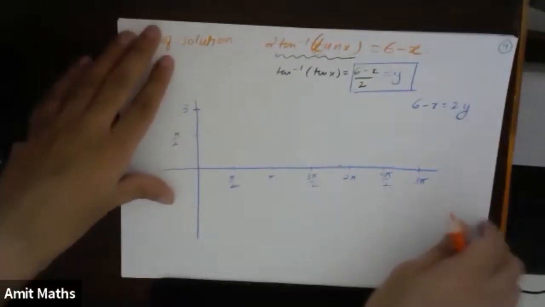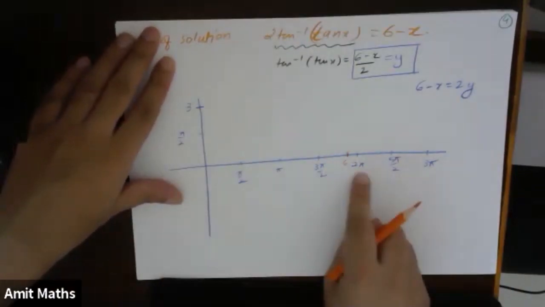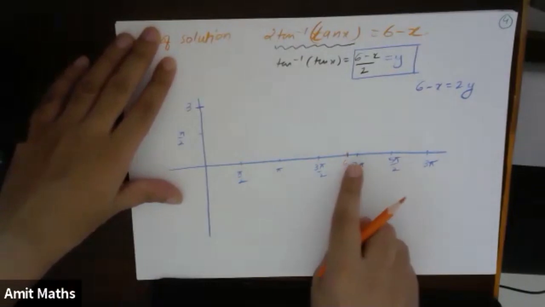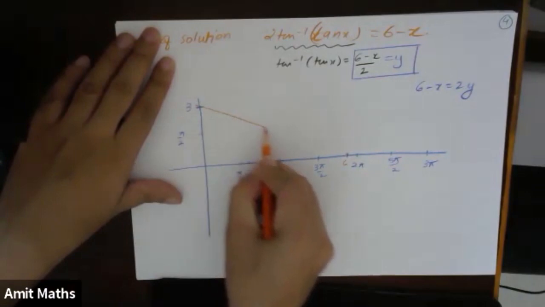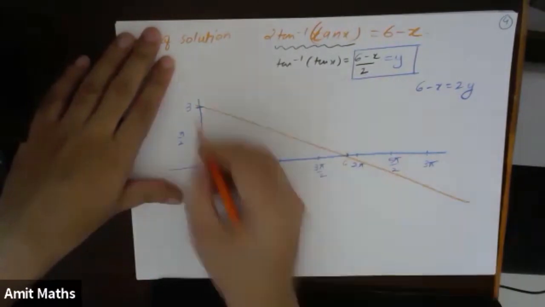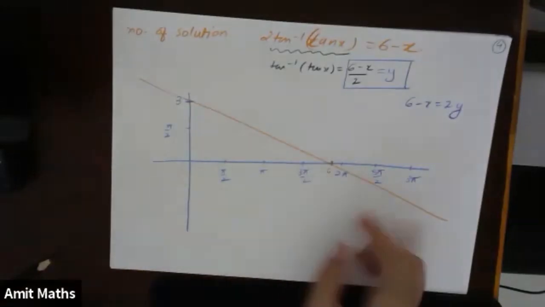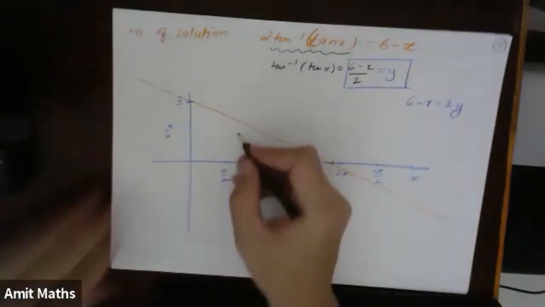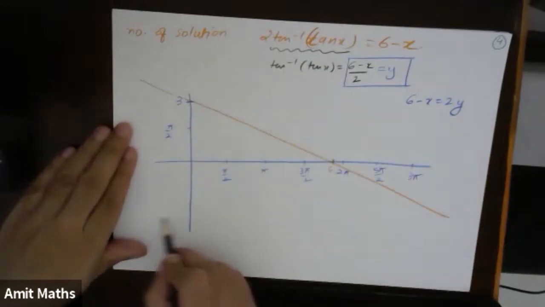So this is from 3 to, let's take this as 6, because 2 pi is 6 point something, so we'll be very close. So the line is something like this, right? The number of solutions will be wherever the curve meets it. This is pi by 2 everywhere, and this is minus pi by 2.